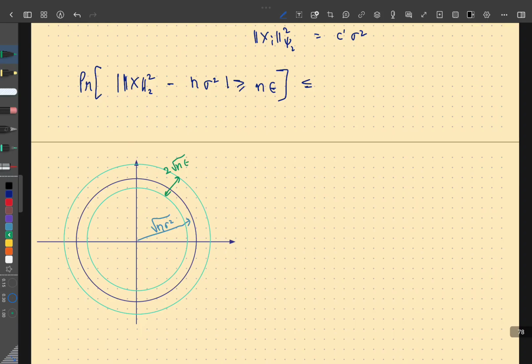But here I'm asking for something else. I draw a random vector and ask what is the probability that it lies in some very thin shell of radius square root n times sigma square. So this is really far away from the center. As n becomes large, root n sigma square is getting farther and farther away from the center.